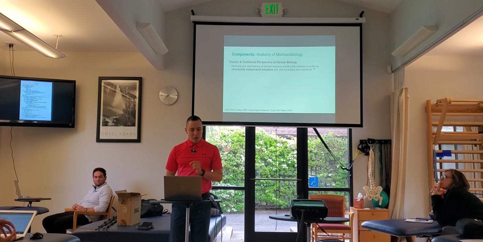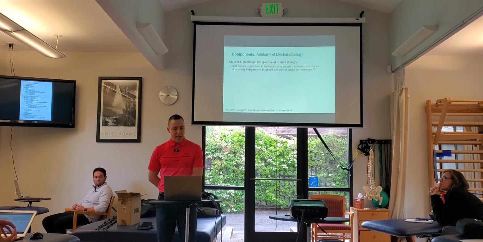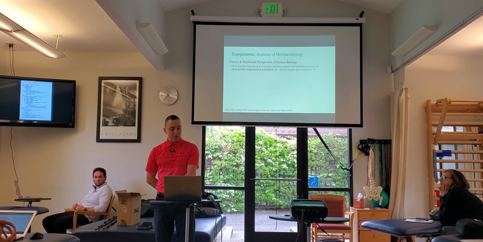The traditional model, the most popular description of human anatomy, presents the skeletal muscles as structurally independent actuators with distinct origins and insertions, right? If we stick with our example of the shoulder, let's talk about the bicep. The bicep has two heads.